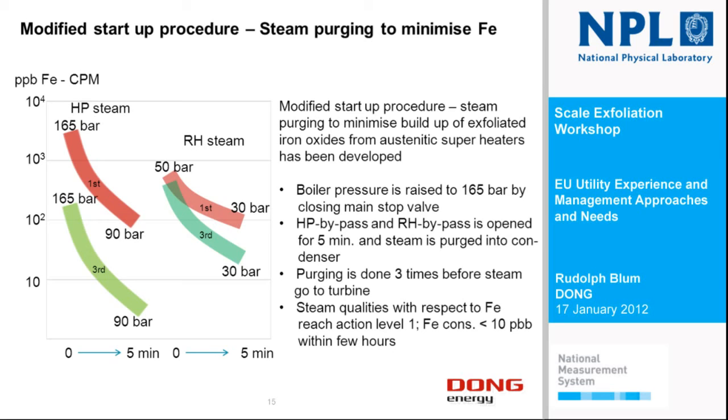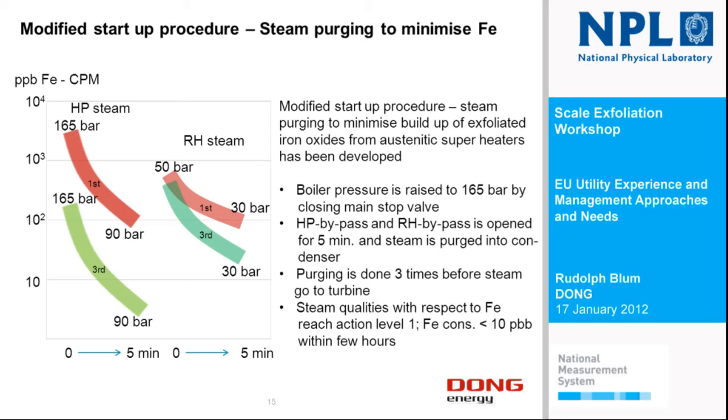Then we take a partial stream of this condensed steam, fully isokinetic sampling, and put it through a corrosion product monitor. That is just a filtration, and we filtrate for 1 minute or so, and then we can make an average estimate of the iron oxide.